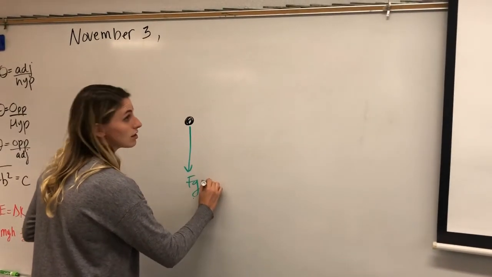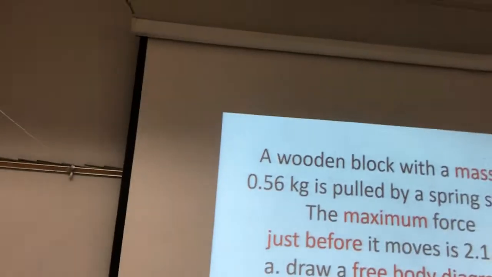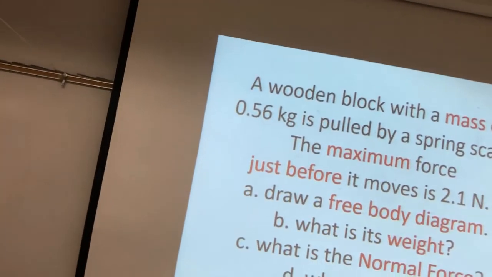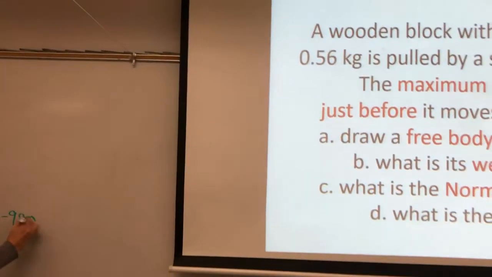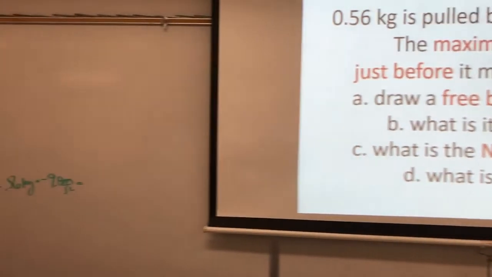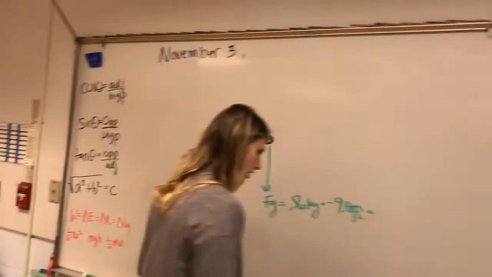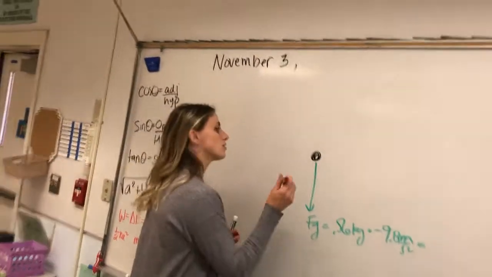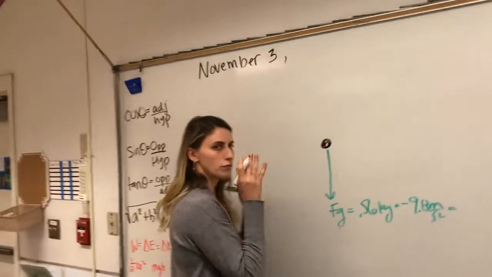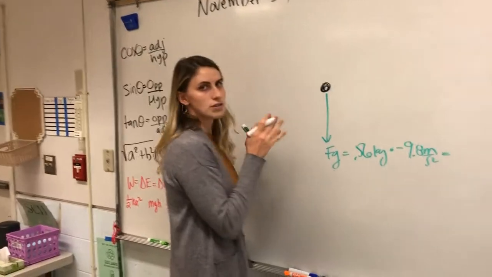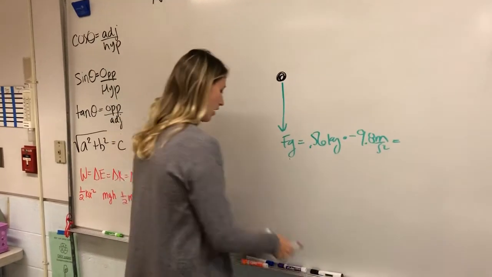Force of gravity: well, the mass is 0.56 kilograms, times 9.8 meters per second squared. And the maximum force just before it moves is 2.1 newtons. So the force of friction is the force that... now, do the pull first. The force pull, okay.